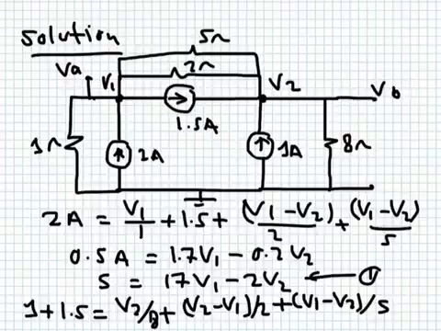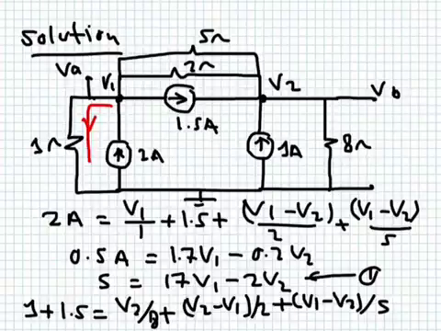I have one current flowing in, okay? And I will assume that V1 is positive, and if V1 is positive, there is a current flowing from here to ground. If I assume V1 is higher than V2, there is a current flowing from left to right. I have only one current flowing in.